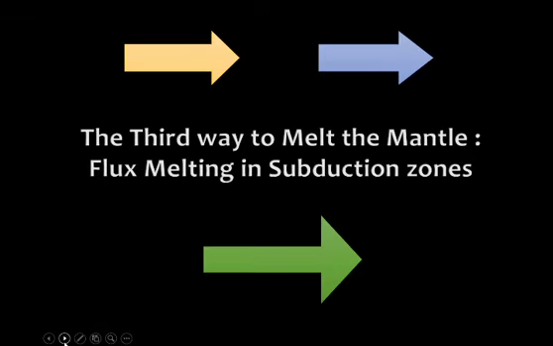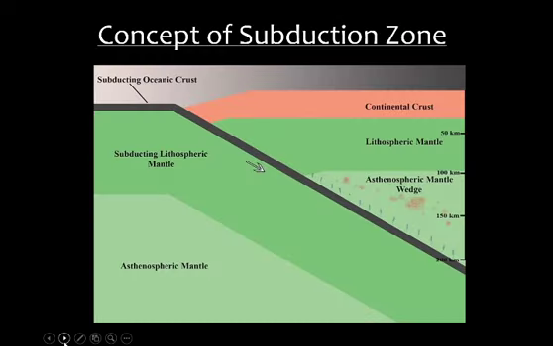The third way to melt the mantle is flux melting in a subduction zone. So what is a subduction zone? When the oceanic crust is lying under the continental crust, we call that setting a subduction zone.